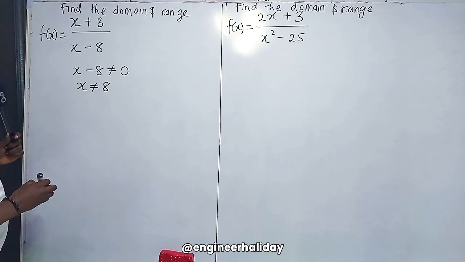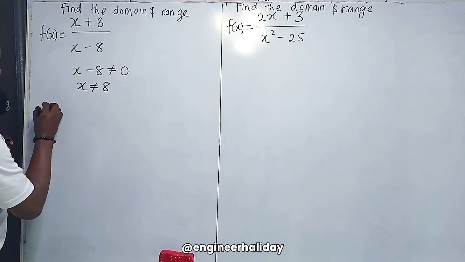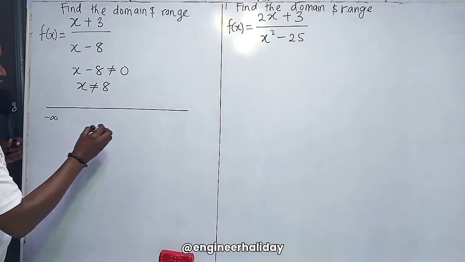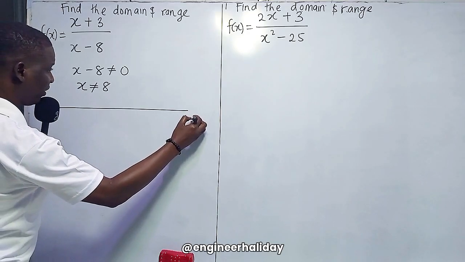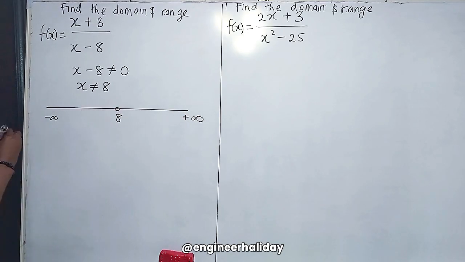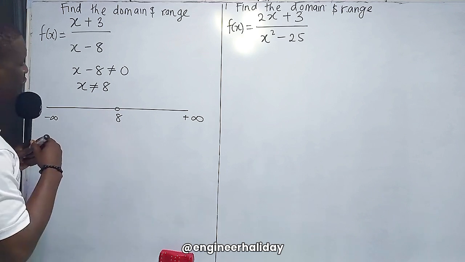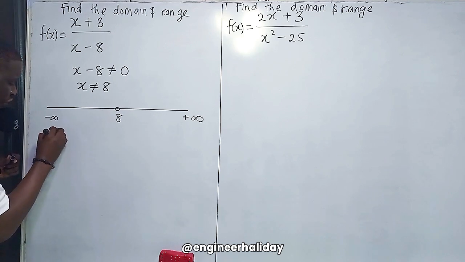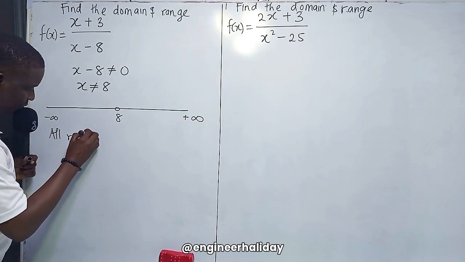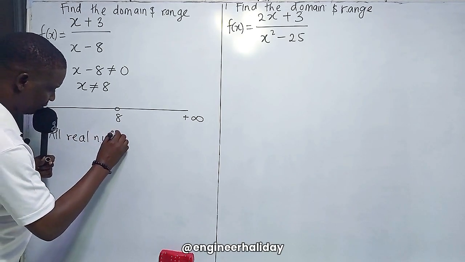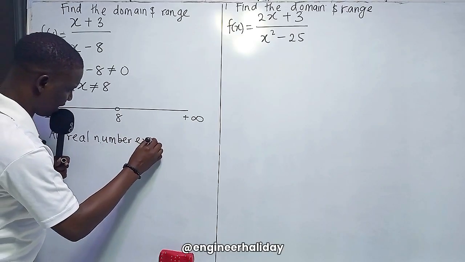8. So that means, if you draw the number line from minus infinity to plus infinity and locate 8, it means all real numbers except 8.